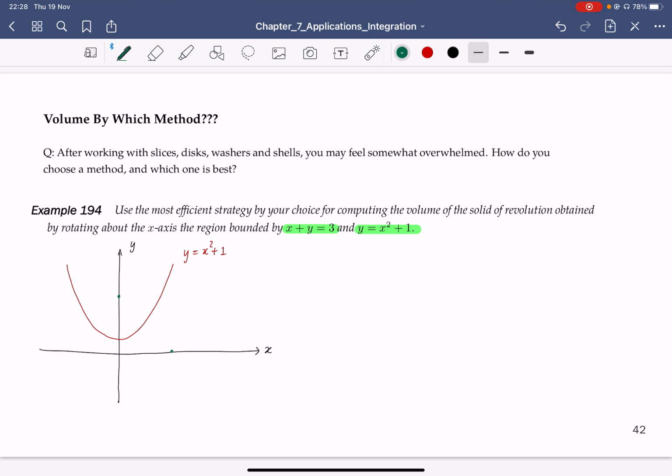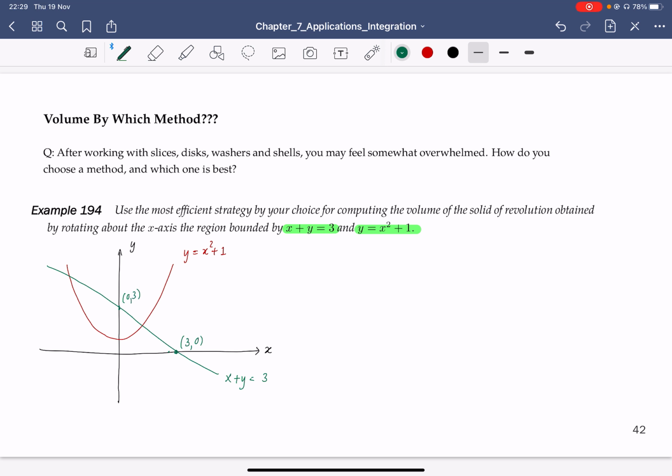So we're gonna draw the line. My scale is not that good, but I'm gonna say this is my line x plus y equal to 3. It passes through the points (3, 0) and (0, 3). Alright.